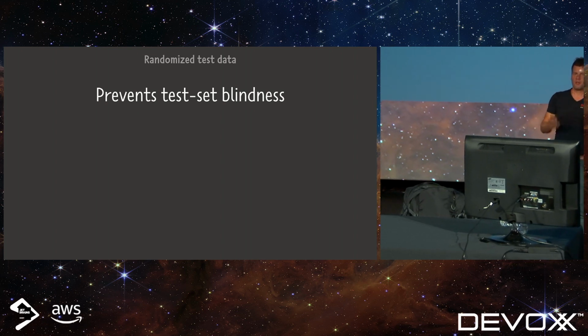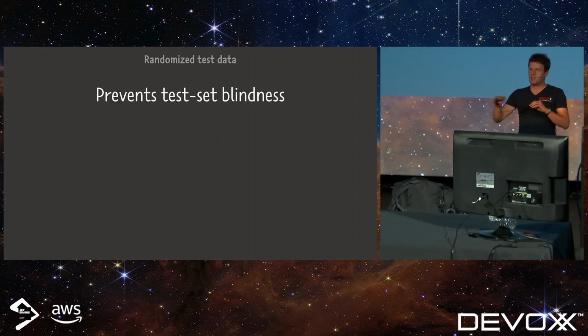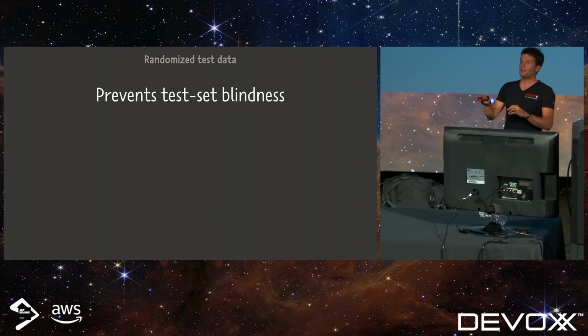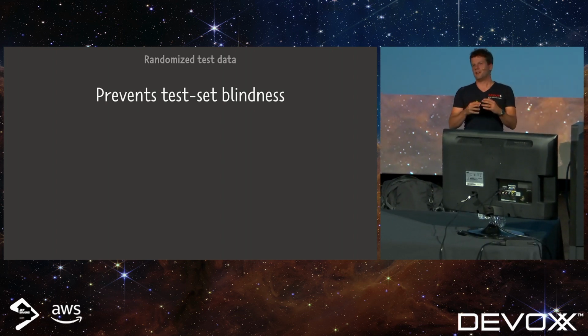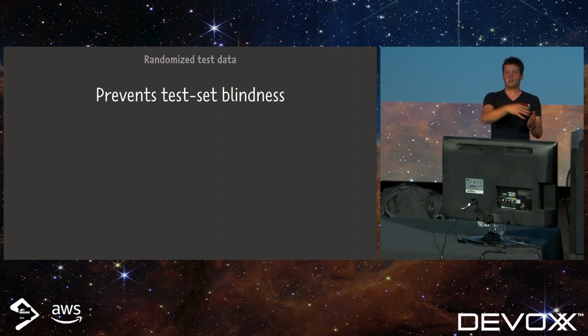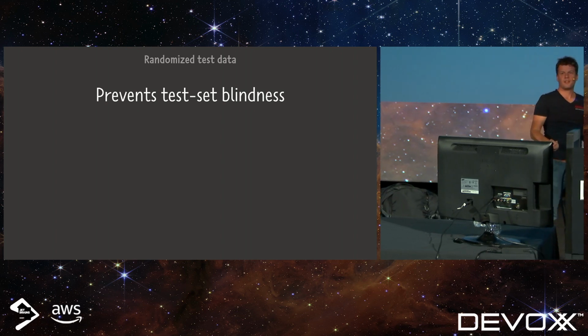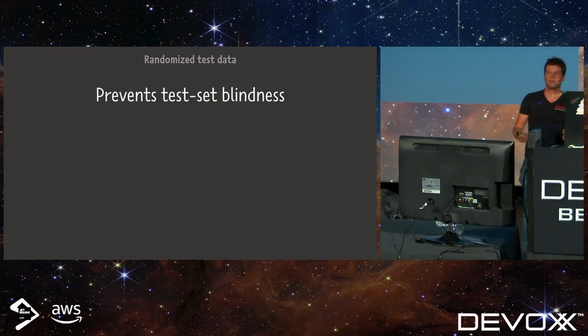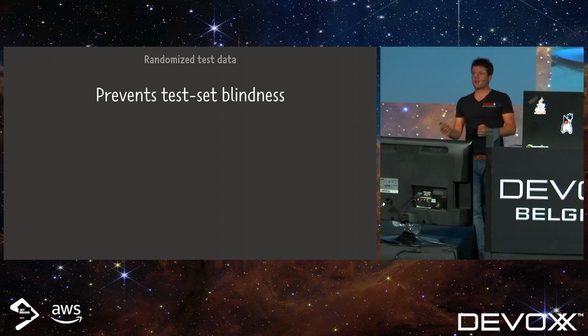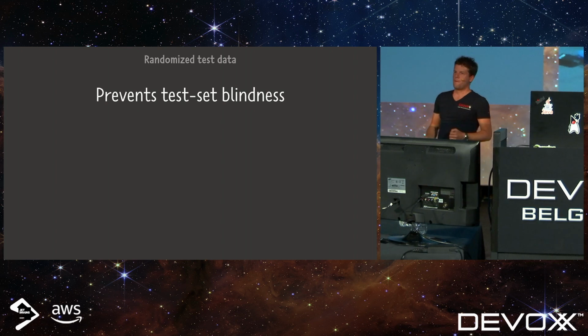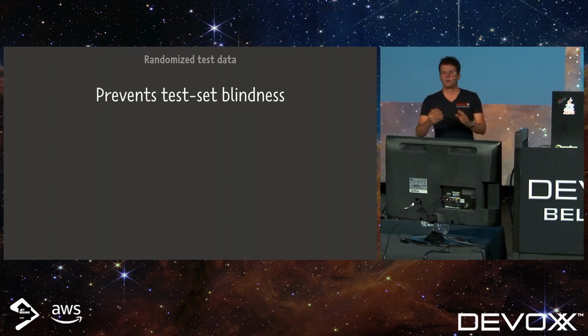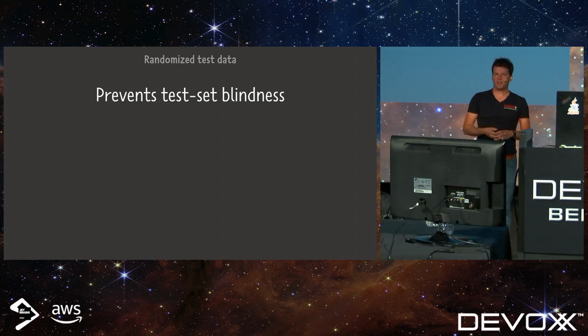You're not aware of that, but it's there, and it's controlling you. You make choices that are in line with that test set. Whereas if you have different test data every time, you're challenged. You're really challenged to think about, okay, what can happen here? What if some different value comes in here?